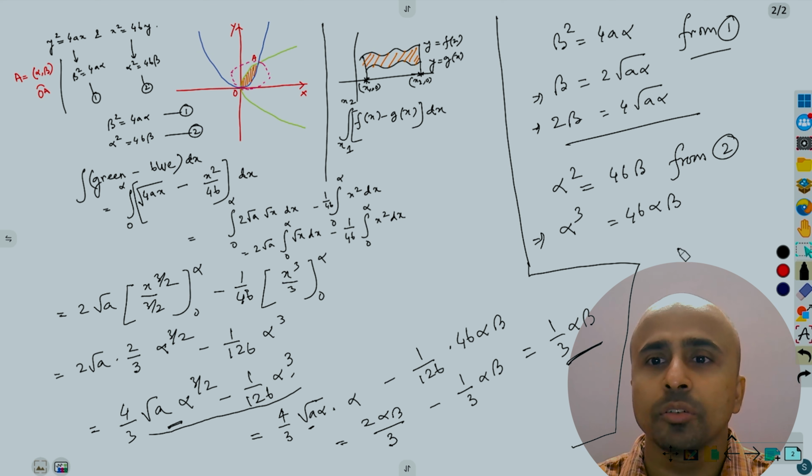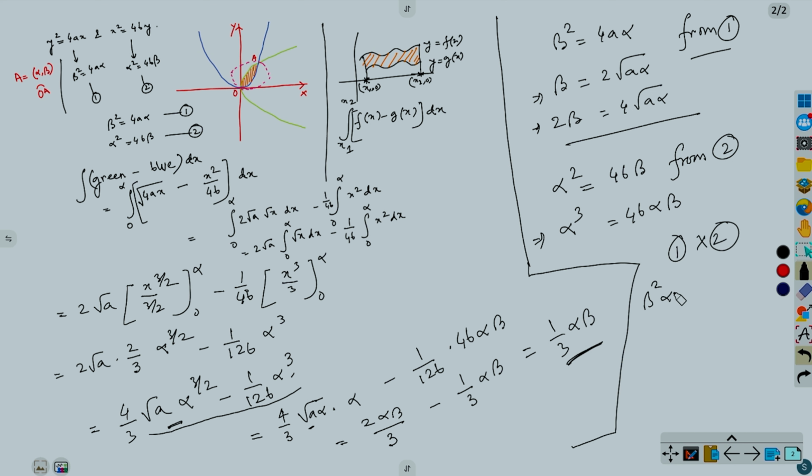So 1 times 2, this is beta square alpha square equals 4a alpha times 4b beta. This gives beta square alpha square equals 16ab alpha beta.